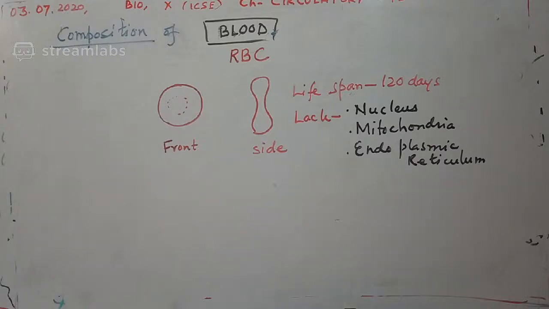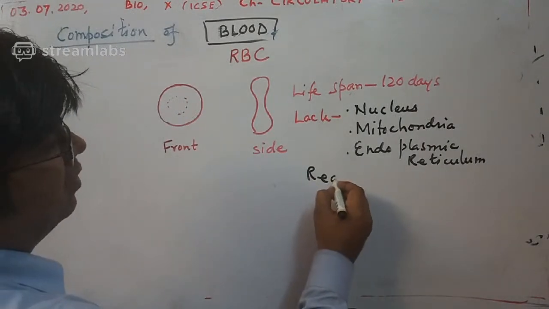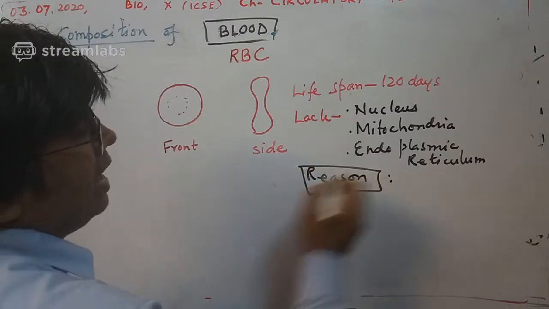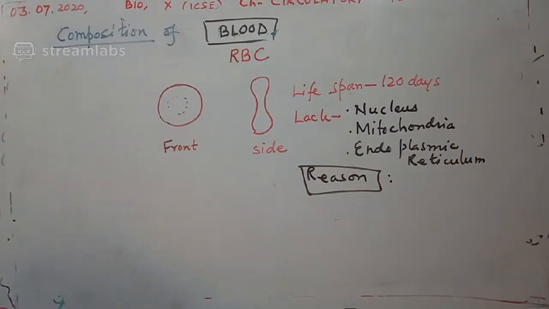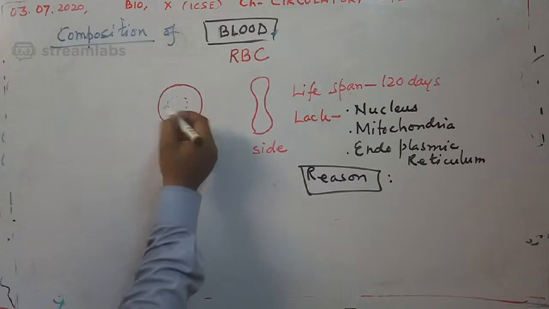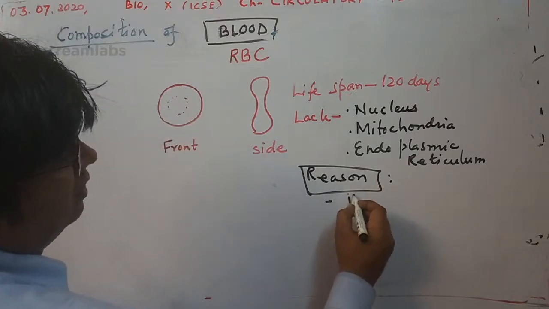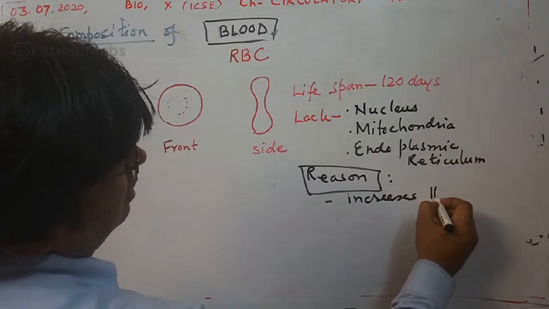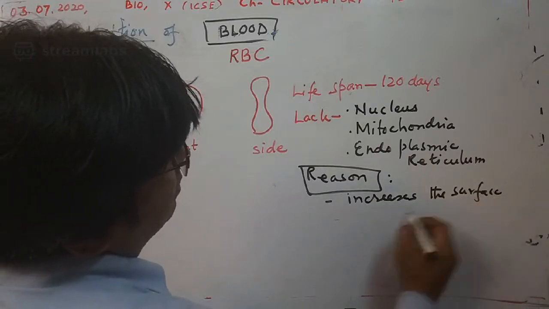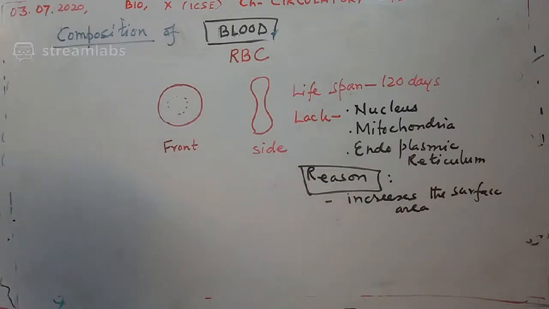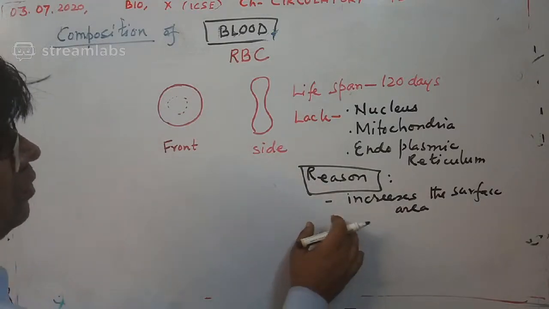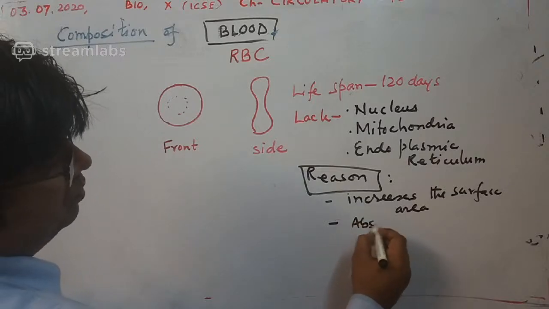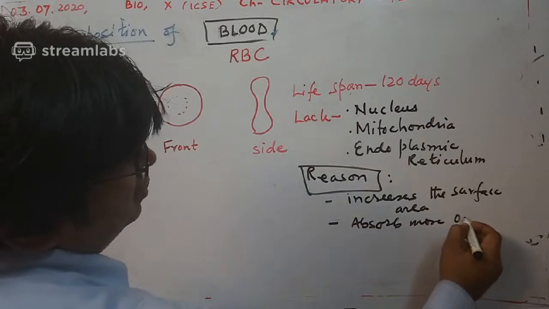So let me tell you, there is a reason why these three cell organelles are absent. If you talk about the nucleus, its absence increases the surface area. This is the main part, so they can absorb more oxygen.